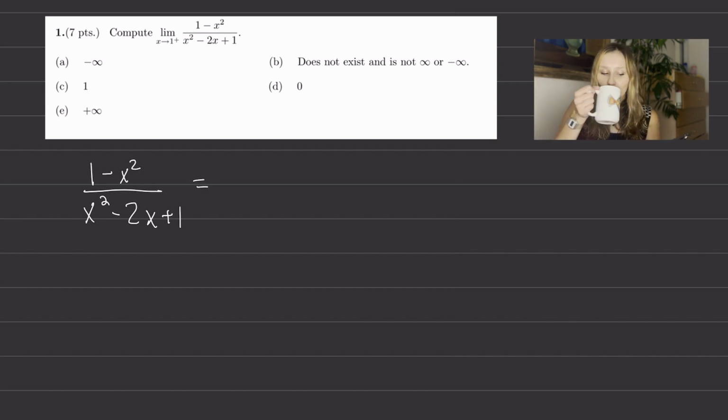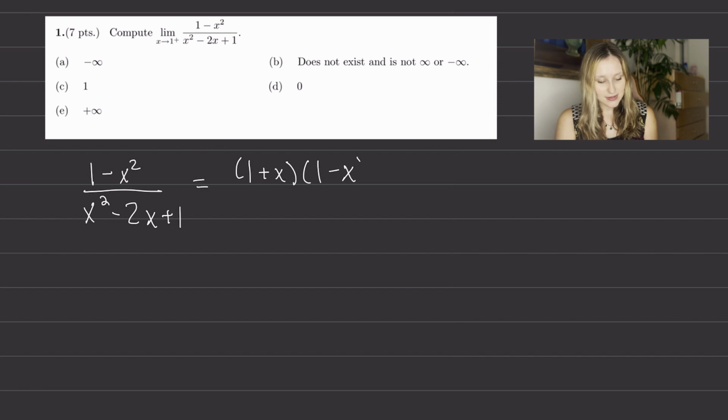So we have a second degree variable here. So let's try and cancel out some stuff here. So I'm gonna factor 1 minus x squared, which is gonna be 1 plus x, and then we have 1 minus x on the top. Then the bottom, it is x minus 1 squared.